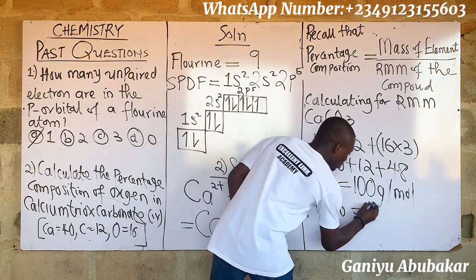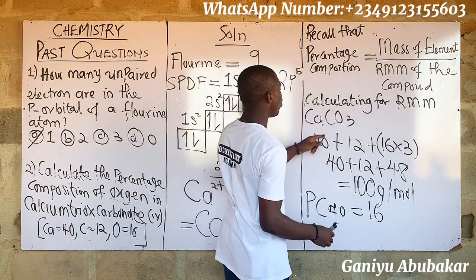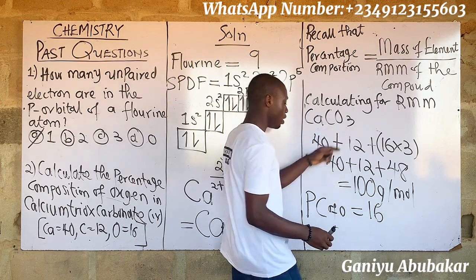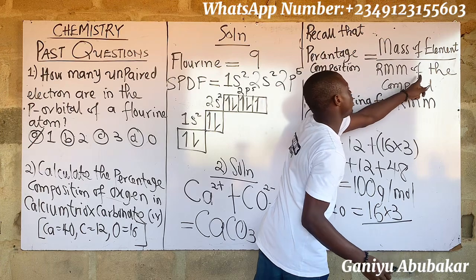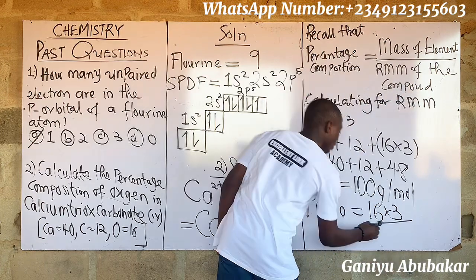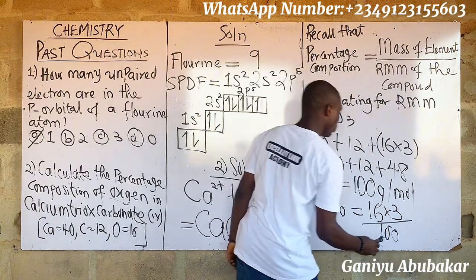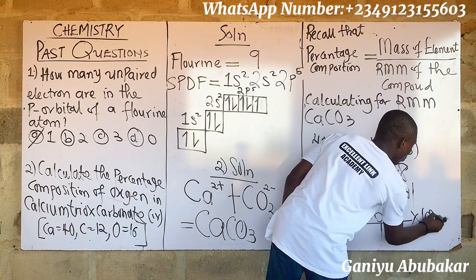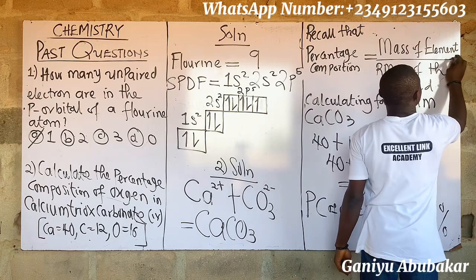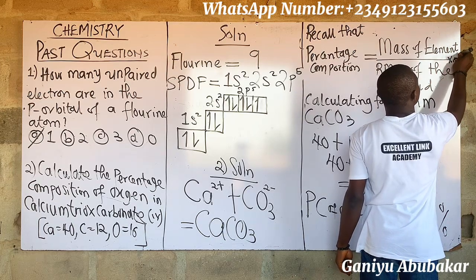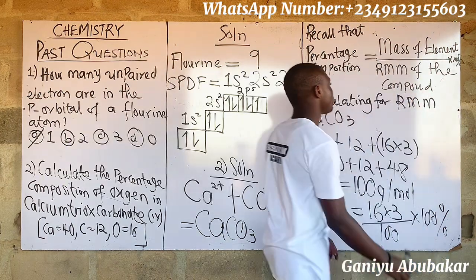But mind you, oxygen has 3 moles here, so that's times 3, all over the relative molecular mass of the compound, which is 100, times 100%. Please always remember the times 100% here.